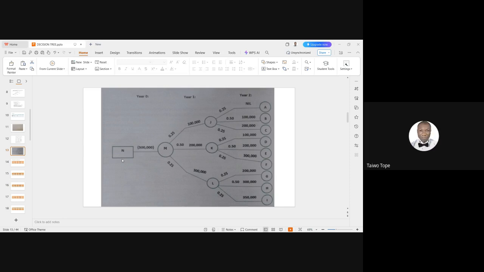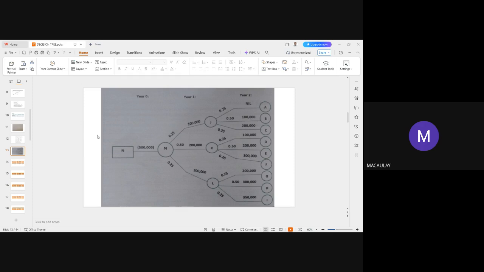You said that anybody that does not know how to get the NPV should let you know. I believe it is the expected value from A, J, and M that is going to give us the NPV. For node A, what will be your NPV? In year 0, you invested 300, right?